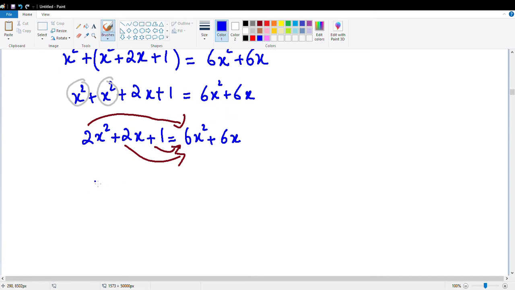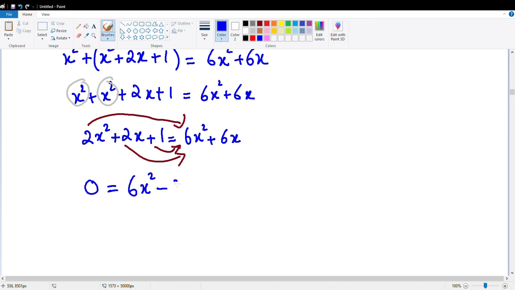So we'll get 0 on this side equals 6x squared. And when 2x squared goes to the other side, I'm just going to rearrange it right here, but basically it's going to be subtracted. Rearranging 2x squared, since it's greater than 6x, it comes before it. So 6x squared and 2x squared, its sign is positive, so it will be negative.